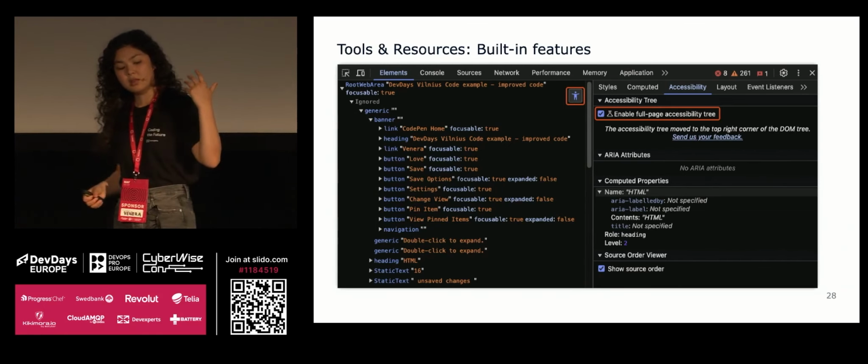It is very useful because this way you can have a rough idea how your page will be interpreted by assistive technologies. Lighthouse can also be useful. You can choose the accessibility category, run the analyzer, and it will generate a report based on your page and an accessibility score, which will affect your SEO rankings.